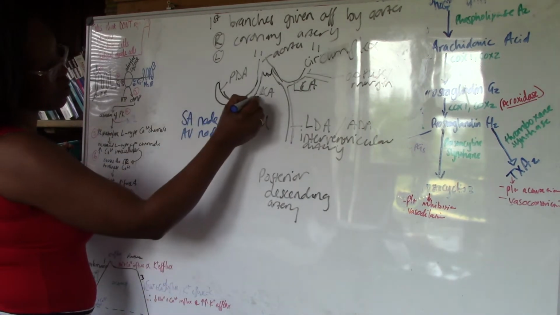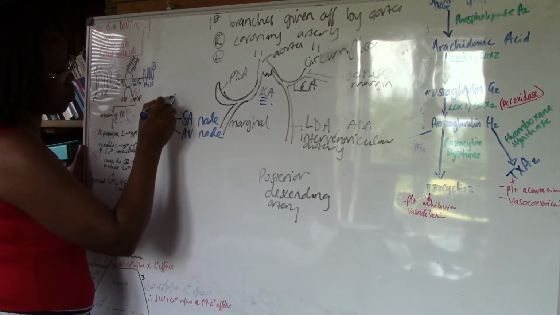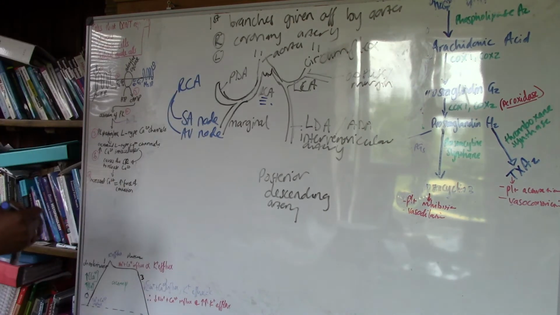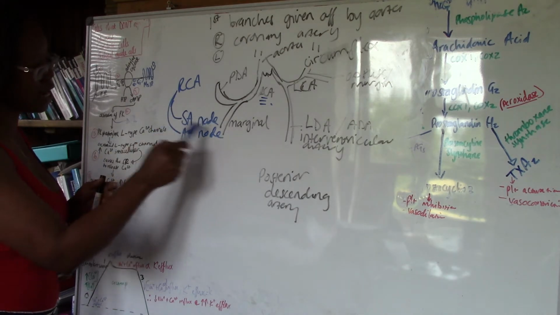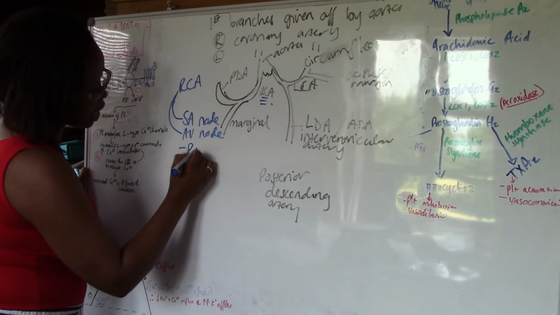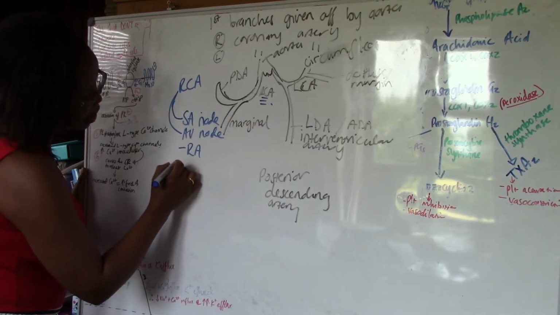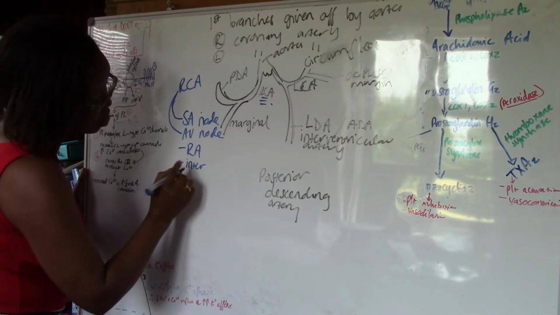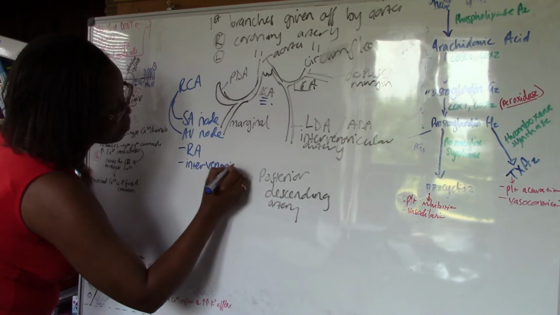So the importance of the right coronary artery is obviously that it really supplies blood to both the SA and AV node. So we have the right coronary there, supplying the SA node and AV node. The right coronary also supplies the right atrium, which is always where we find the SA node. It supplies the posterior aspect of the interventricular septum.